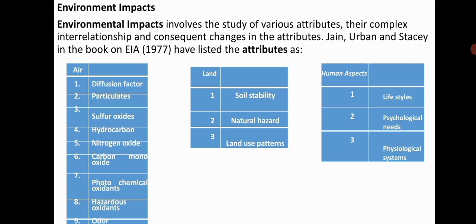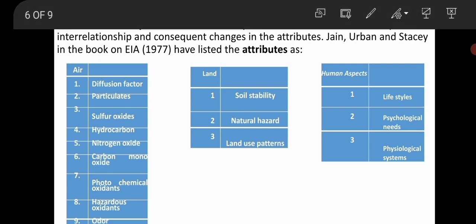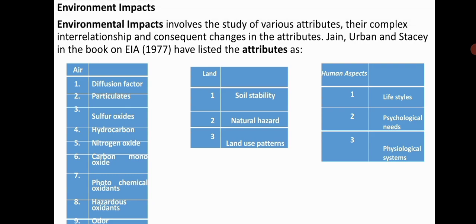Let us discuss the environmental impacts. Environmental impacts involve the study of various attributes, their complex interrelationships, and the consequent changes in the attributes. The factors such as particulates, sulfur oxide, hydrocarbon, nitrogen oxide, carbon monoxide, photochemical oxidants, hazardous oxidants, and odor are the factors which affect the quality of the air.